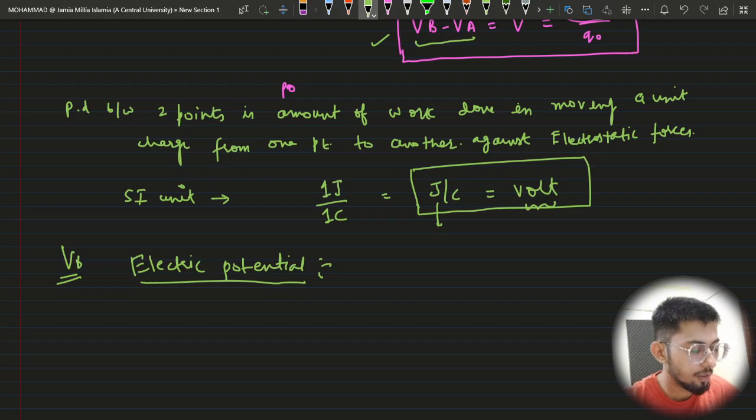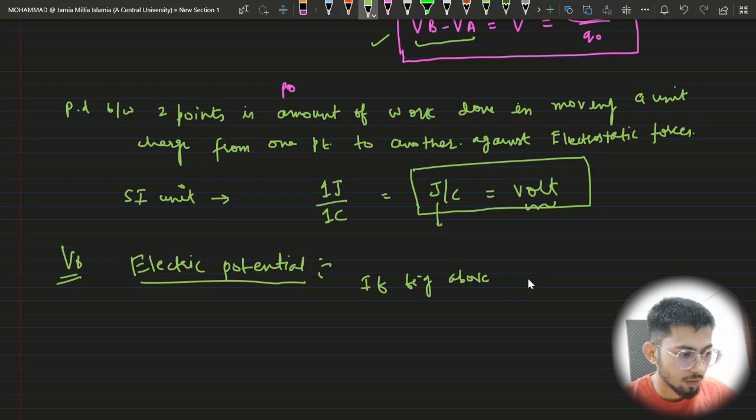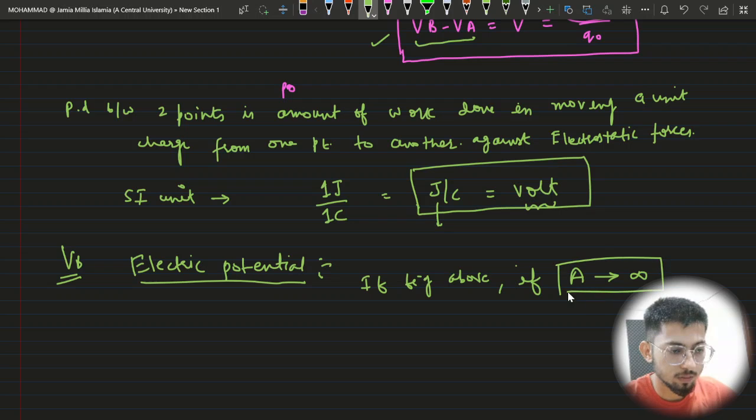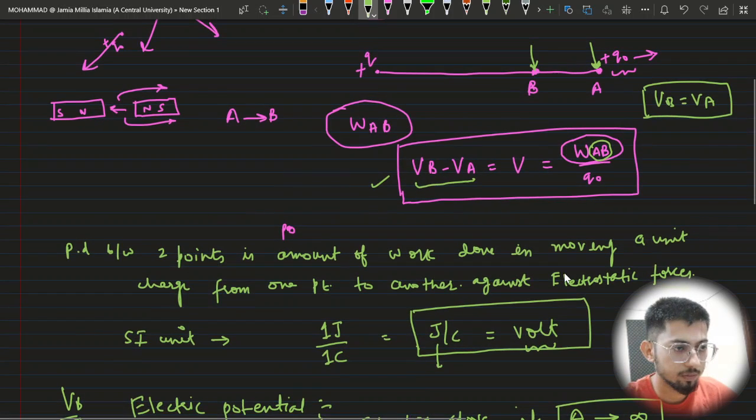If you see the same figure, in the figure above, what happens if the point A is at infinity? Then can we say that VA, the potential at A, would be 0?